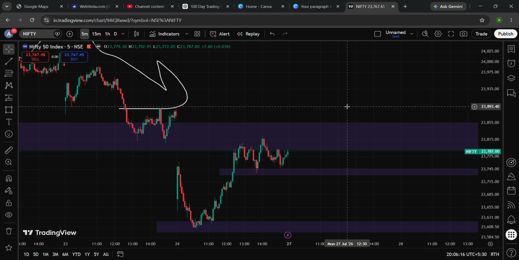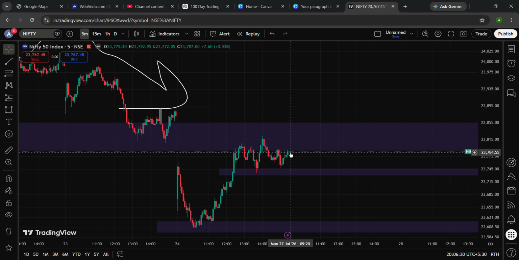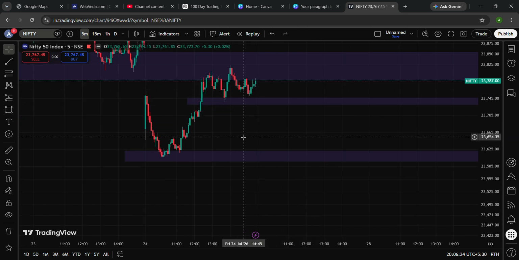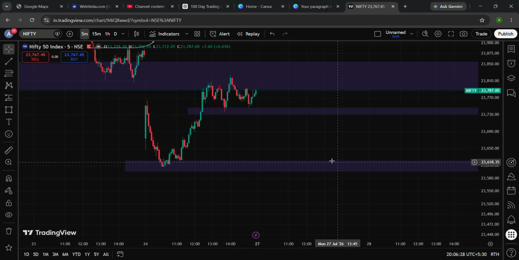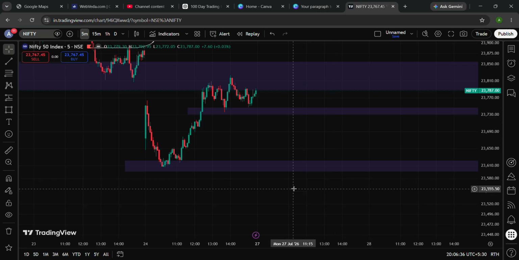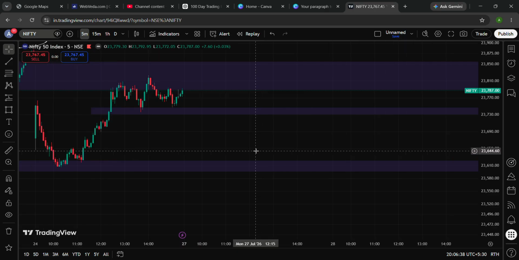After the confirmation, what happens, we will talk about that as well. So if the price breaks that, then the price can move upward, and if the price breaks that support zone, then the price can potentially move to the support zone number 2 positions, right? So that is how exactly support and resistance practically work.